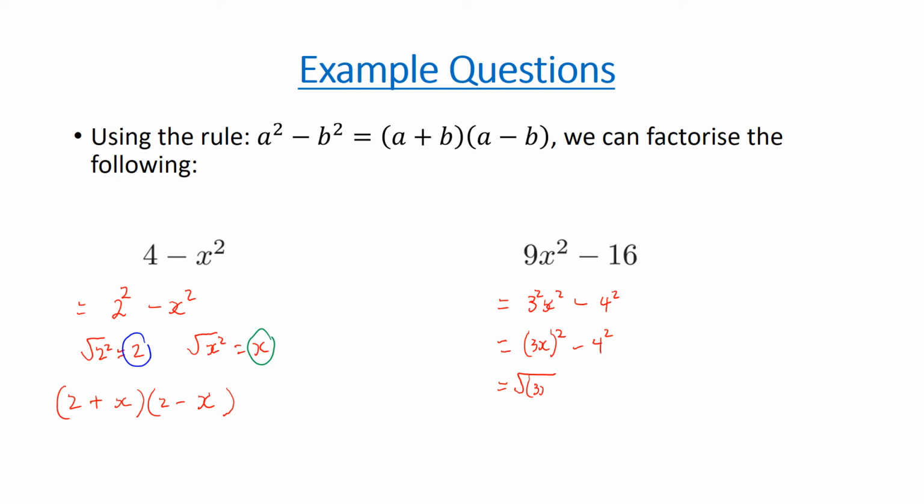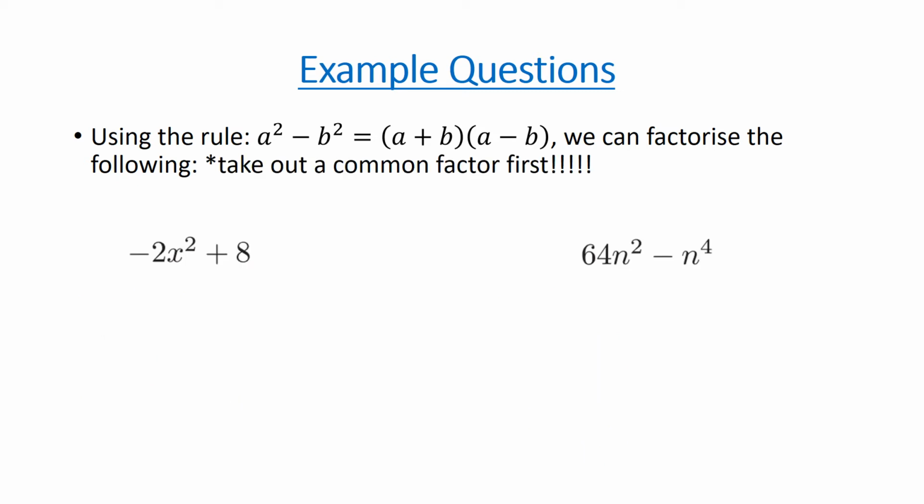Let's rewrite that. And take away the square root of 4 squared. Therefore our terms are going to be 3x and 4. Therefore we can write our brackets as 3x and 4, 3x and 4, and we just need to put a plus or a minus in, and we're done.